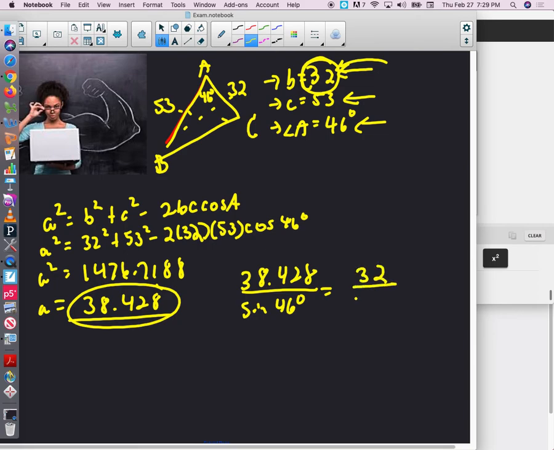So I'm going to say 32 over the sine of B. I'm not going to finish this one, but you can cross multiply and find angle B.